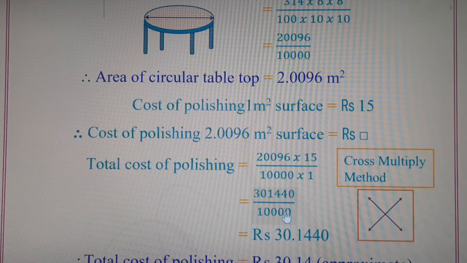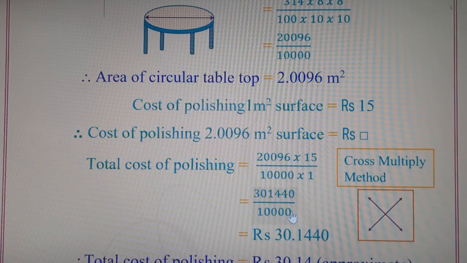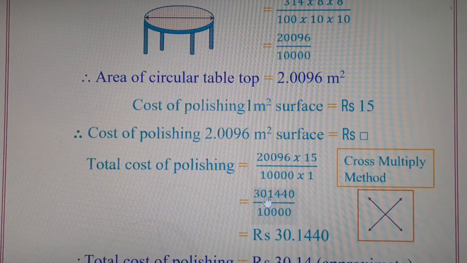And how is the decimal point calculated? By counting the number of zeros. Since there are 4 zeros in 10,000, from the right side of the numerator integer we have to count 4 digits and then put the decimal point. So from the right side of this digit, 1, 2, 3 and 4. Between the 4th and the 5th digit, the decimal point will be there. So between 0 and 1, the decimal point will be there.